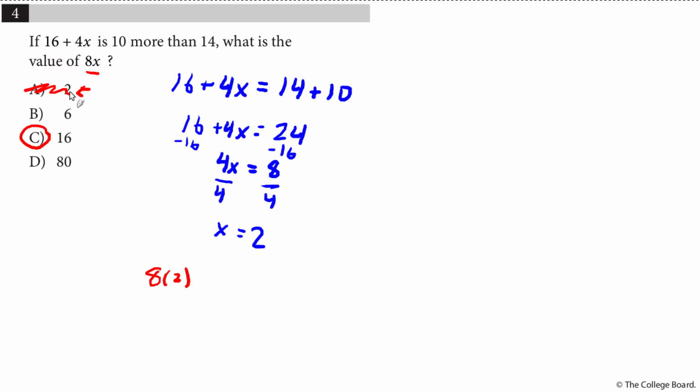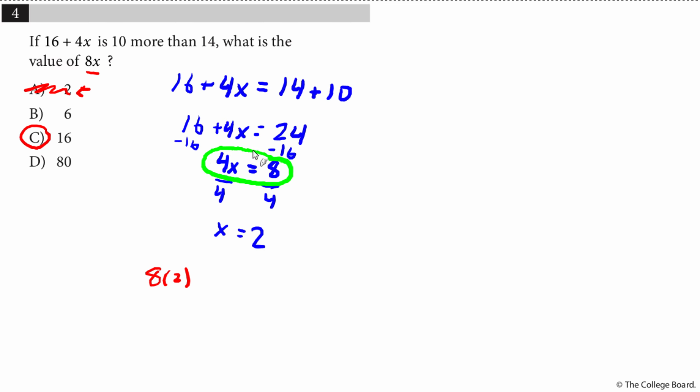I could just plug in values and put in 2 and see that 16 plus 4 times 2 gives me 24, so it works for the equation. Another better thing that I could notice, not necessary but better, is I could take a little bit of a detour here.